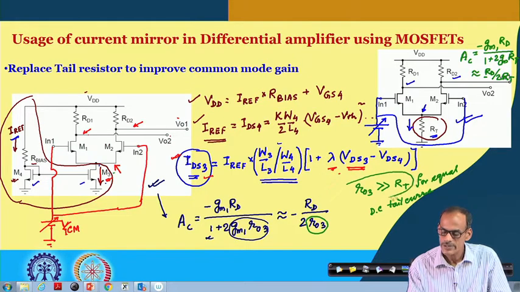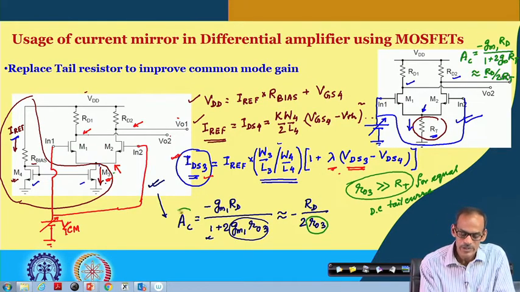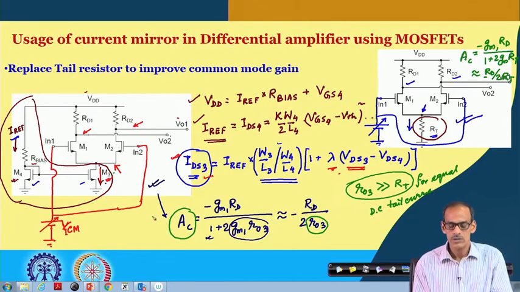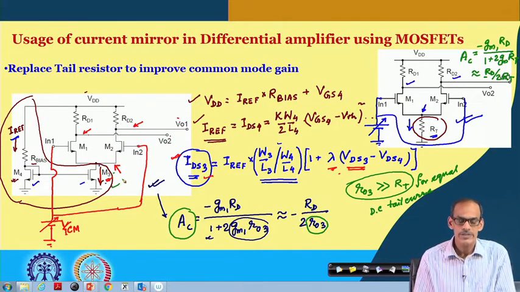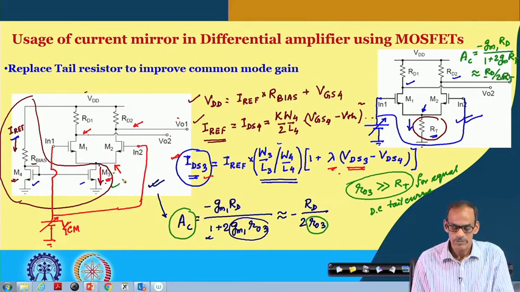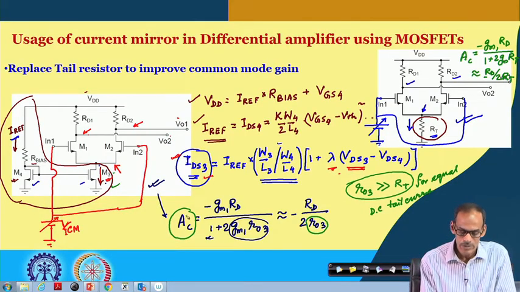Since this is much higher, the circuit having this active device at the tail has much lower common mode gain.